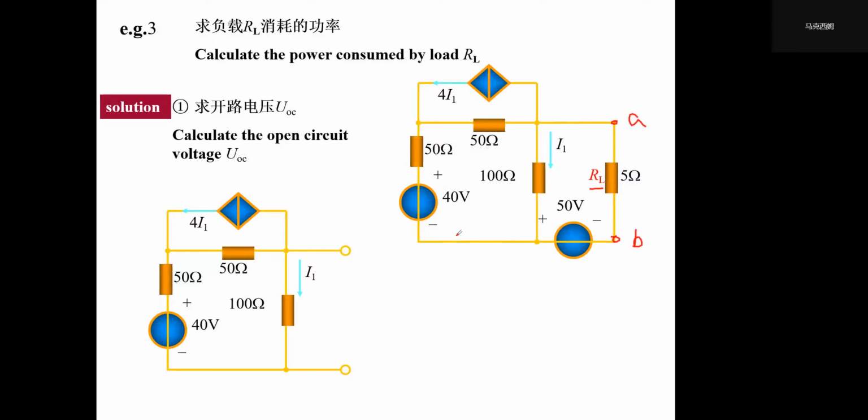So we cut off the corresponding part of it.